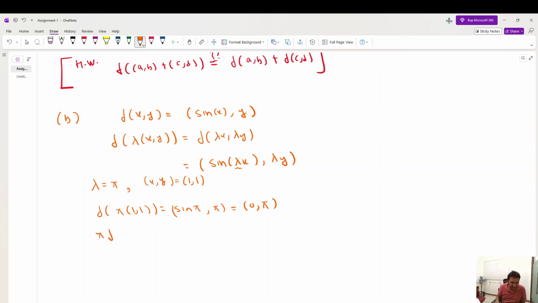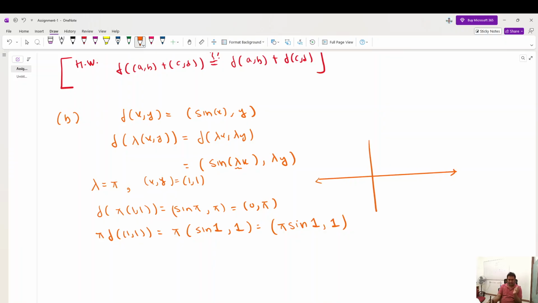Now let us compute pi times f(1, 1), which is pi times (sin 1, 1). Is sin 1 equal to 0? If it were, then these would be equal. But let us see the graph of sine. I may not make a very good graph, but sin 0 is 0, sin pi is 0, 1 is somewhere here, and pi by 2 is here.